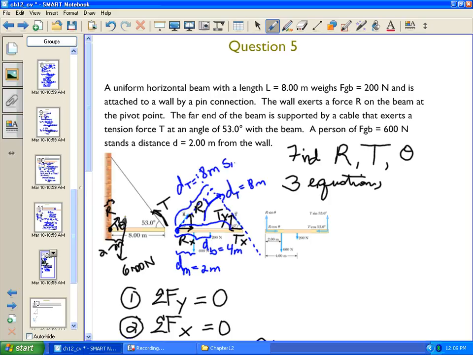times the sine of 53 degrees. And if you notice here, Ty is equal to T times the sine of 53 degrees.